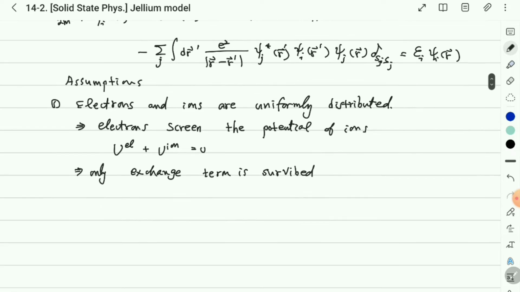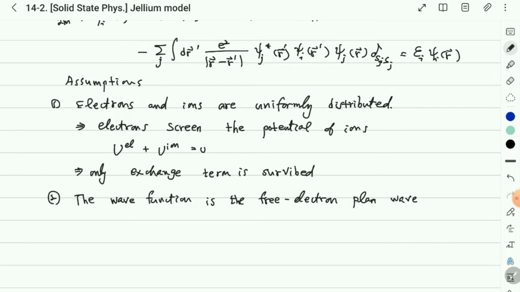The second assumption: because the ionic and electronic potentials are screened out, we can assume that the wave function is a free-electron-like plane-wave function.